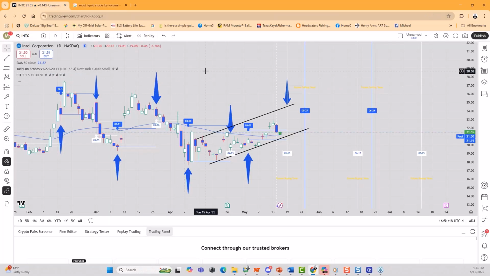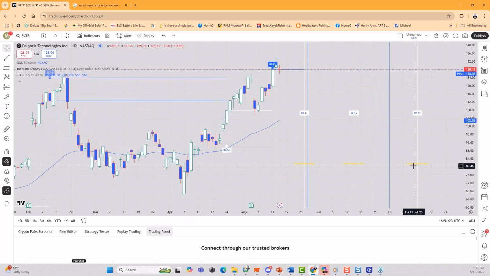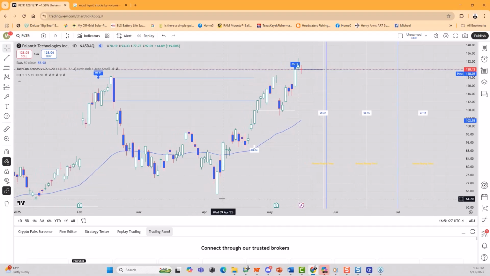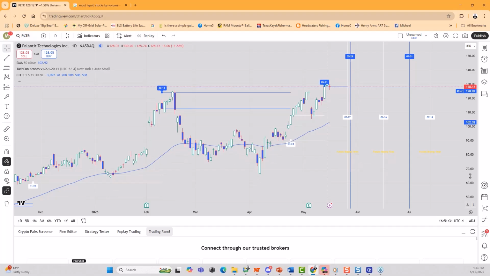Palantir, PLTR. Oh, there we go. What are we supposed to be doing with Palantir right now? What did they just do on Palantir, Earl? What did those manipulators just do?